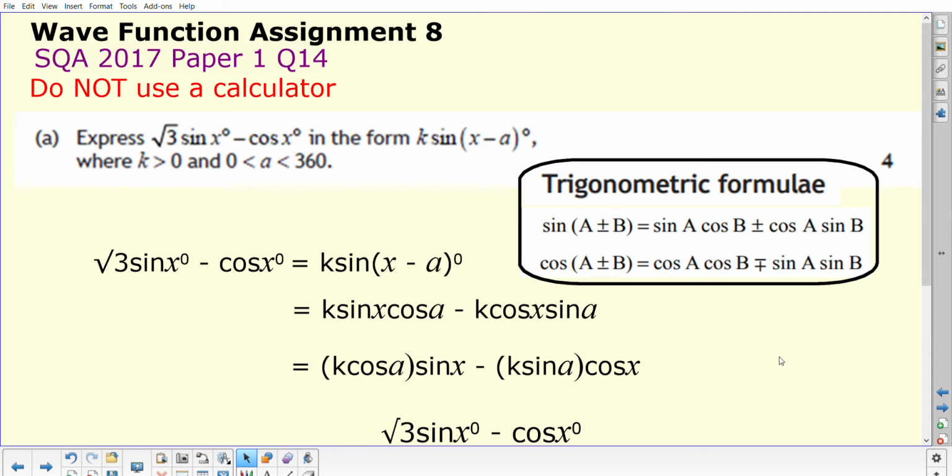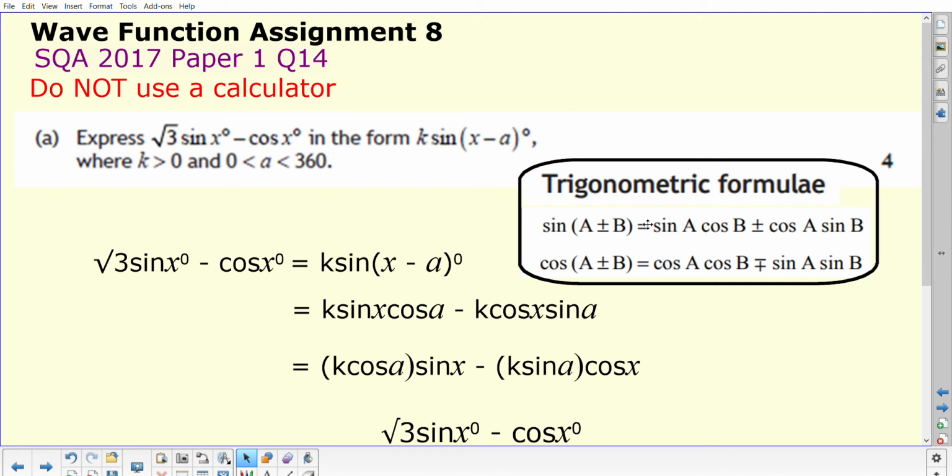So here we've got root 3 sine x minus cos x. You should set that up by equating it to the format we're trying to get, which is k sine x minus a. You would then go into your formula list, and for the sine expansion of a minus b, you're looking at sine a cos b, and then the signs match for the sine expansion.